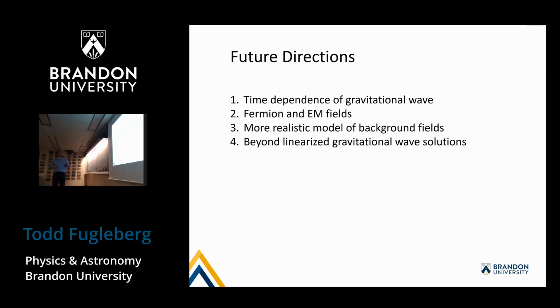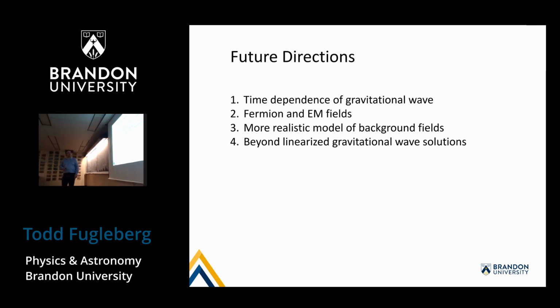So it would be nice if we could consider not just the spatial dependence, but also the time dependence. This was actually for a type of field that we don't really see in our current universe, but the extension to electrons and electromagnetic radiation is doable, and we'd like to do that.